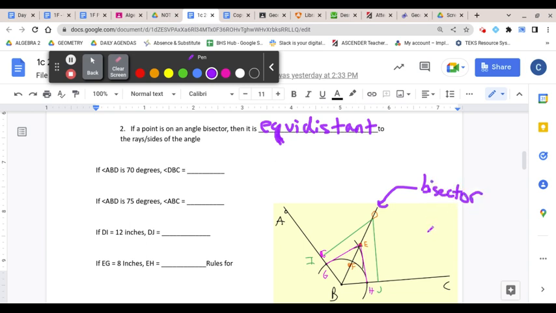So in this picture, D to J, which is this, is going to equal D to I, which is over there. Okay? And E to G is going to equal E to H.